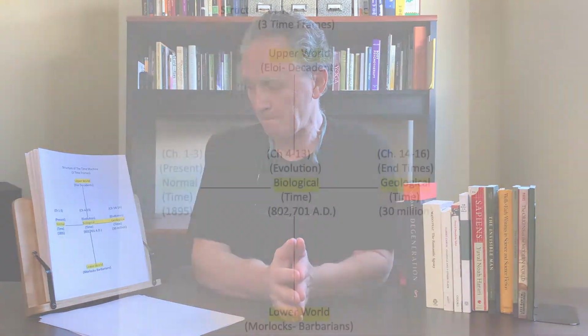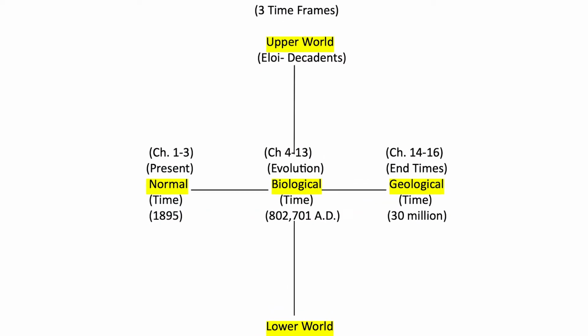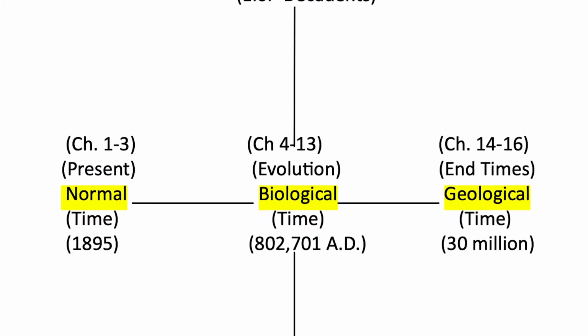Now let's talk about the book. It's not a long book and it's not a dense book, but there's still some complexity to the time machine. And the first thing that we can notice in the book is that it has 3 time frames that are being explored.